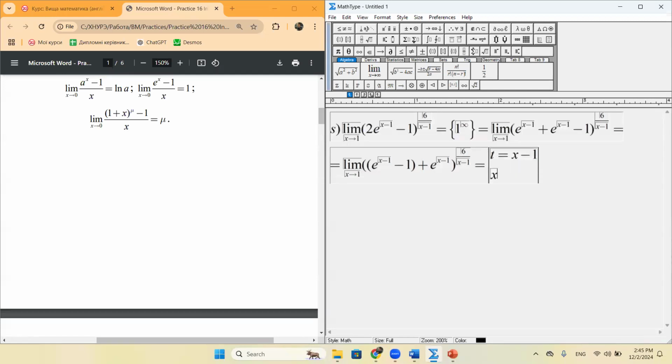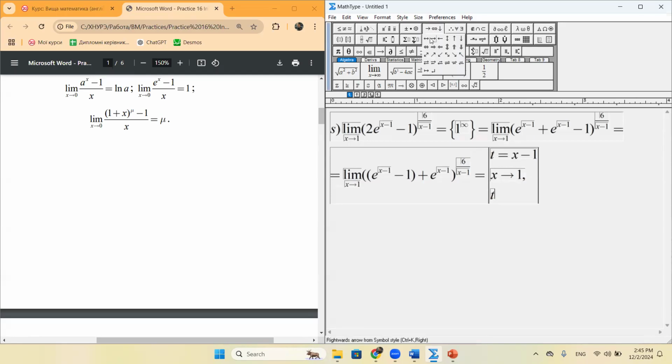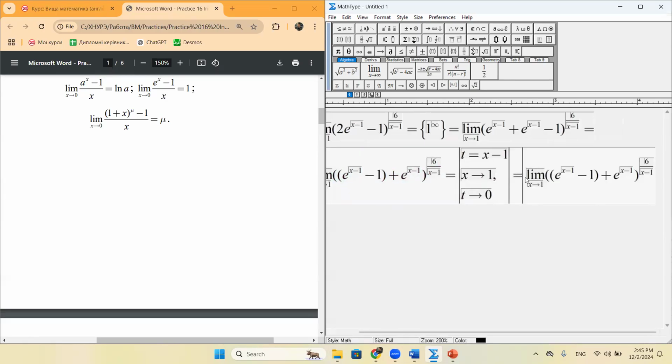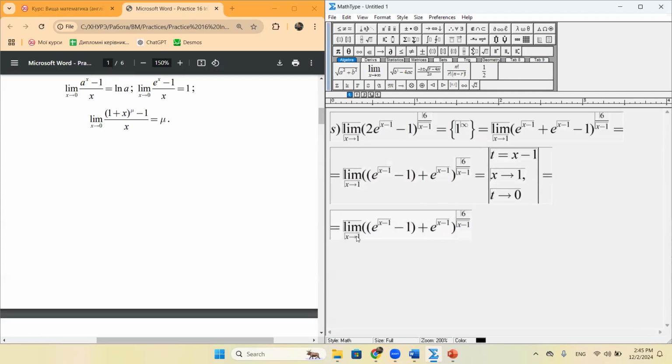So x approaches 1 and t approaches 0. And it will be easier for us. It will simplify the calculations. So t approaches 0, e in power of t, and 6 by t.